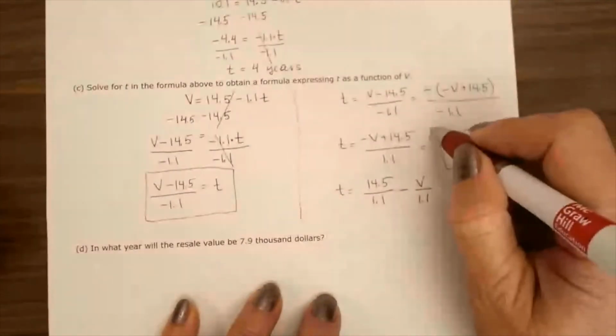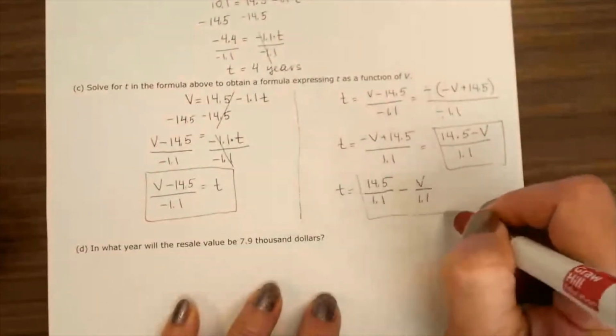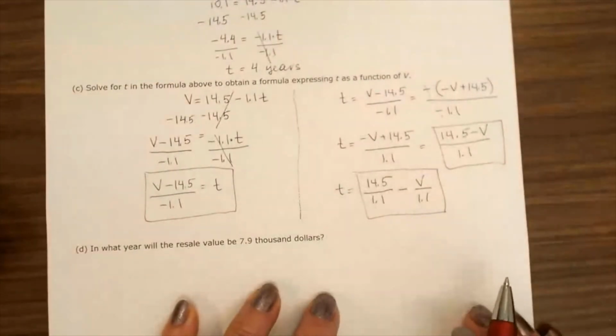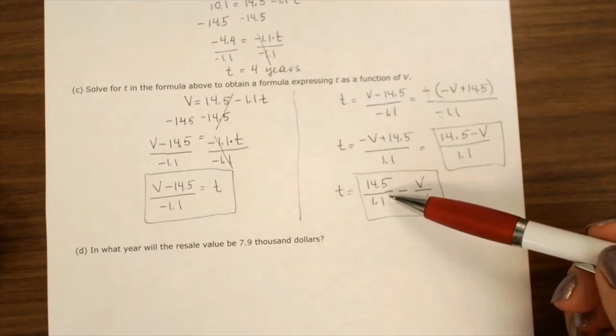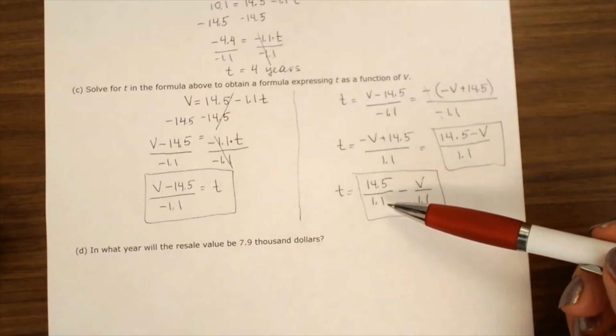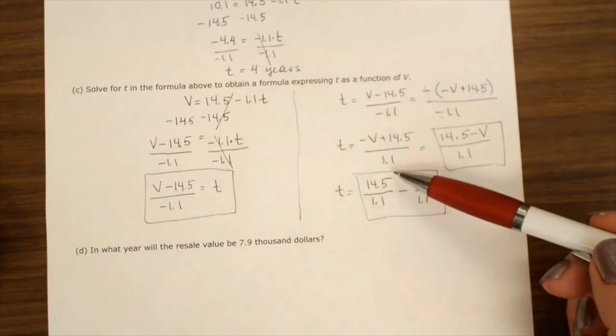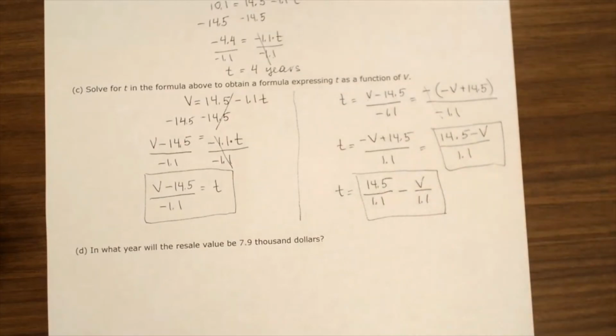This is a good answer. And this is a good answer. WebAssign will accept all three answers. When you divide, it will be an infinite decimal number, so don't do it. Keep the fractions.